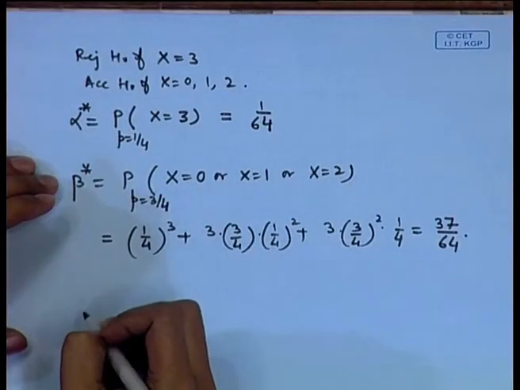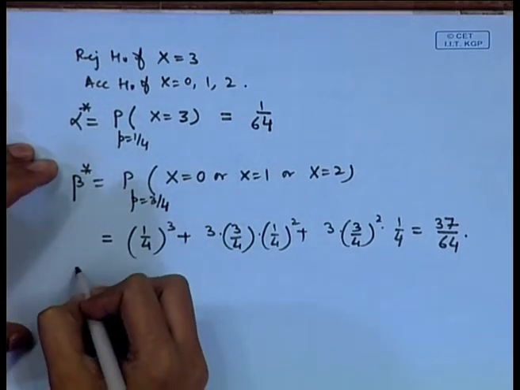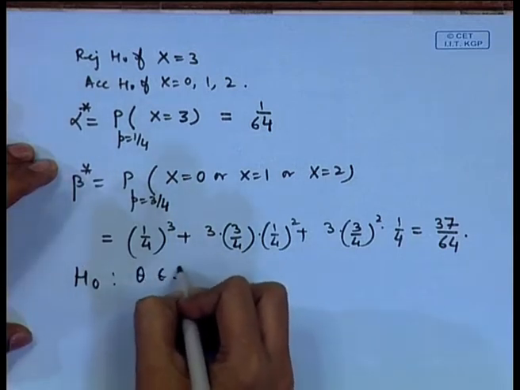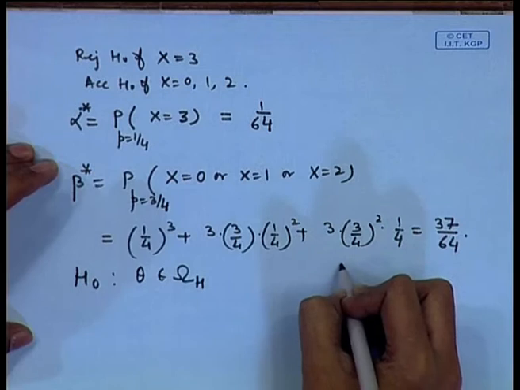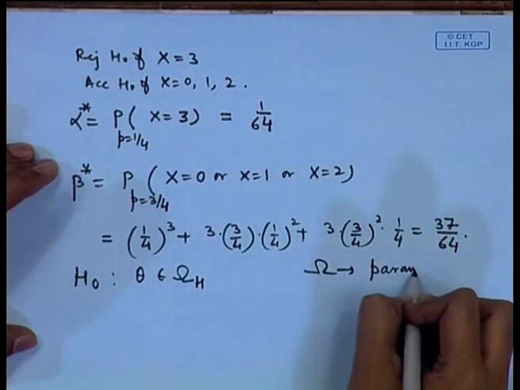So, in the most general terms the theory would be represented like this, that we have H naught, theta belonging to say omega. So, our parameter space is omega, the full parameter space.